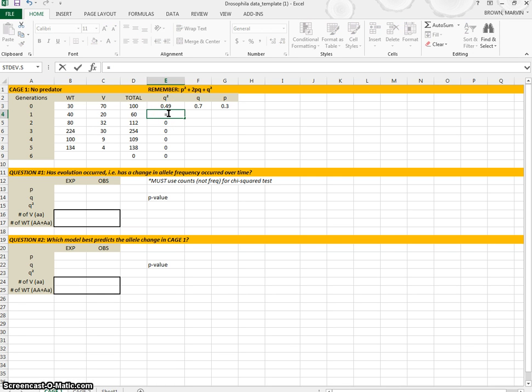Okay, so here we have Q squared is the vestigial divided by our total number equals that. This one, Q, is actually going to be equals the square root of this, and that is what we come up with.